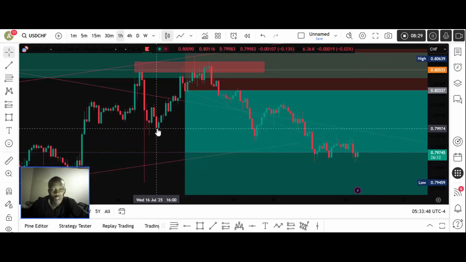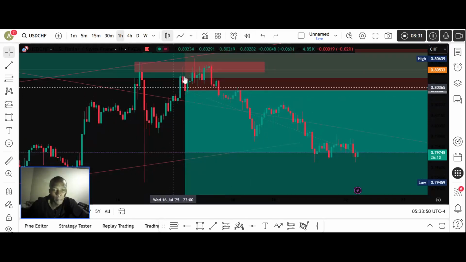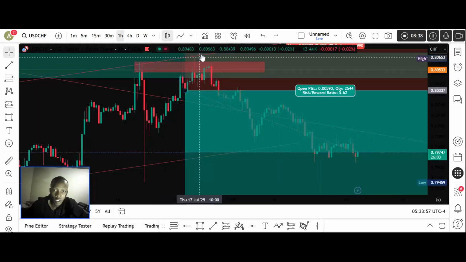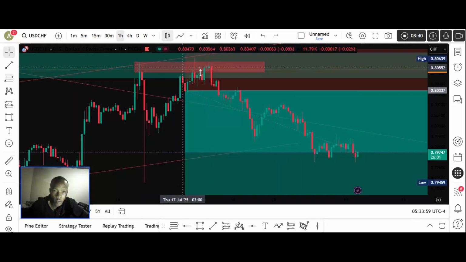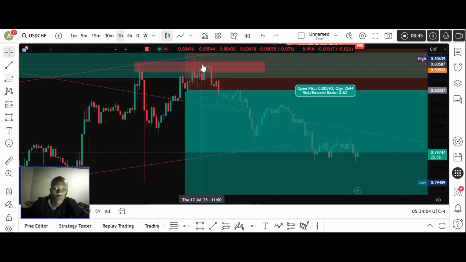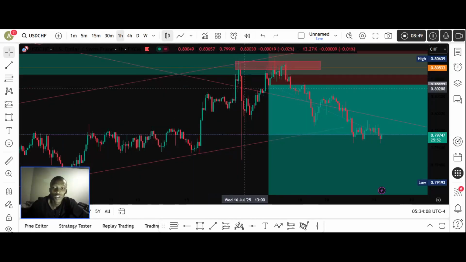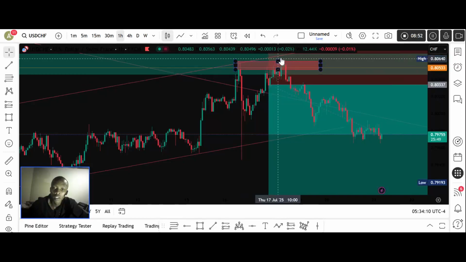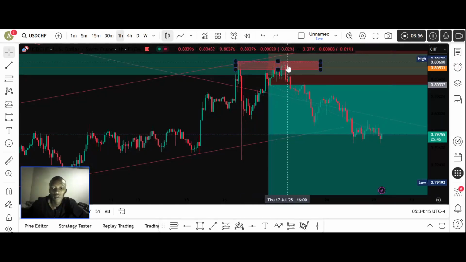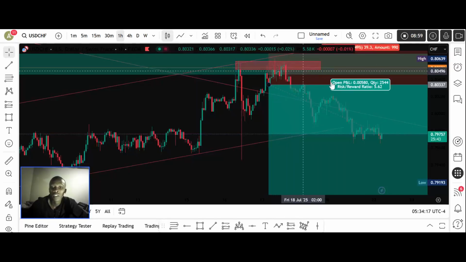But I'm patiently waiting for the price to come here to retest and confirm if the price will close above this rectangle line. If the price closes above this rectangle line, that's where I know that okay, now I'm no longer in this trade, because it closed above the level, that many people might be creating a new high.